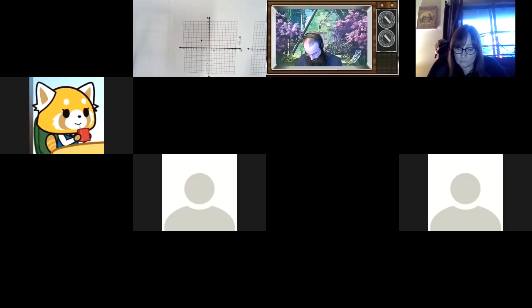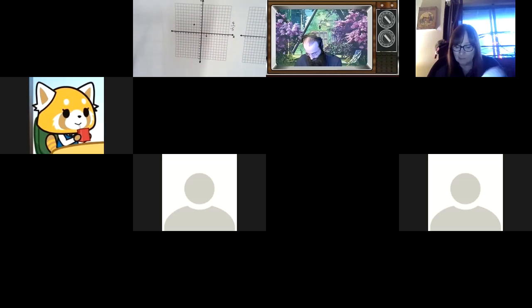That's it. We started with one coordinate. We used our slope. We've got a second coordinate. And lo and behold, it matches the other coordinate they gave us. So we kind of did the work twice, but we can check it. And so that's perfect.